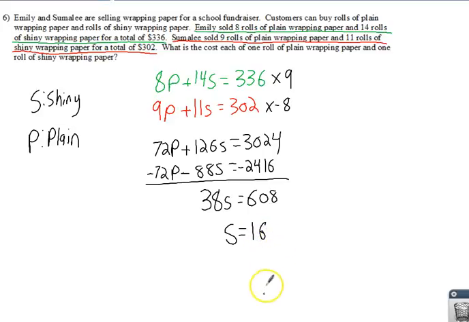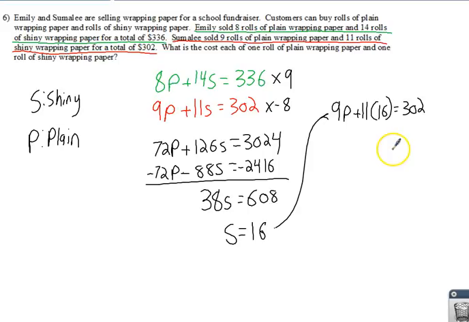Now what do I do with that S being 16? You've got some options here. Which equation do I put it into? We'll go the bottom because the S is smaller there, the coefficient is smaller. Does it really matter? Absolutely not. So 9p plus 11 times 16 equals 302. Let's do a little math magic. 11 times 16.